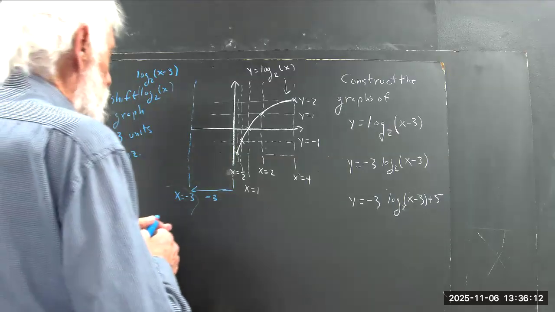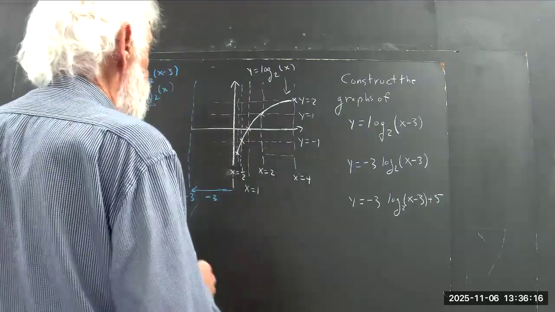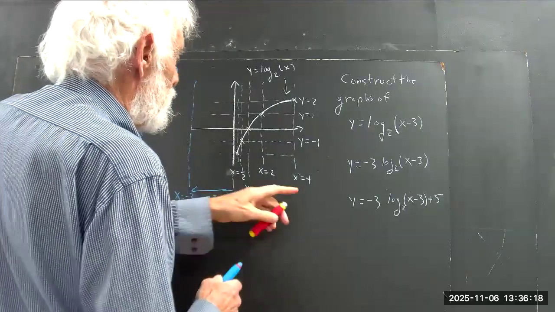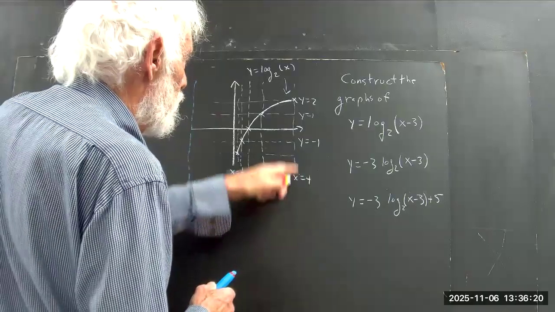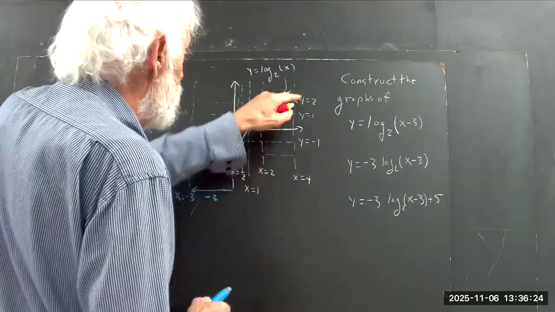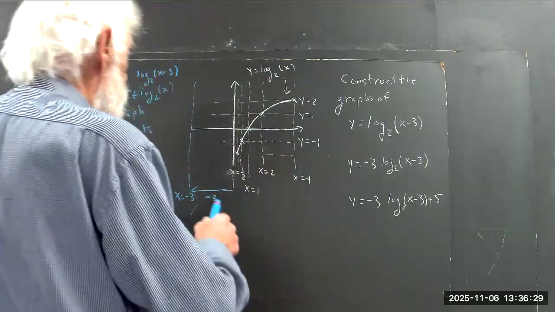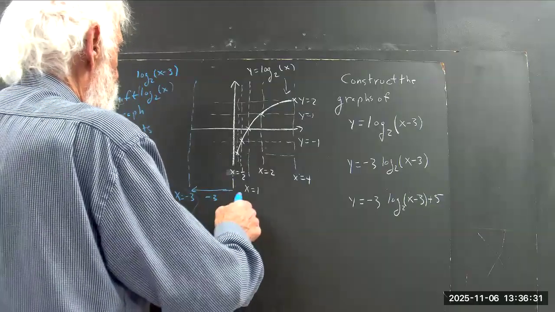Okay. Every one of these points moves 3 units to the left, so that x equals 4 point, the y coordinate doesn't change because you're moving horizontally, but the x coordinate becomes -1, it becomes 1.